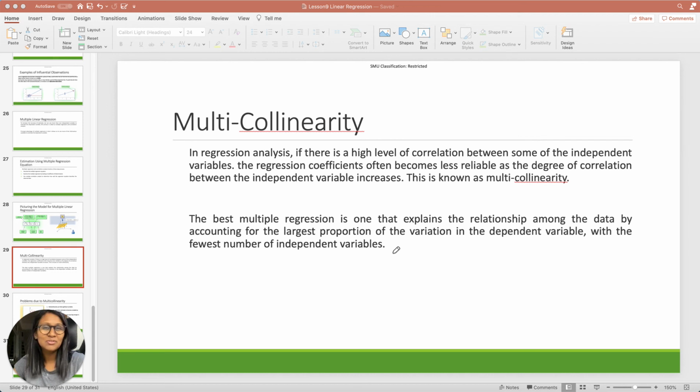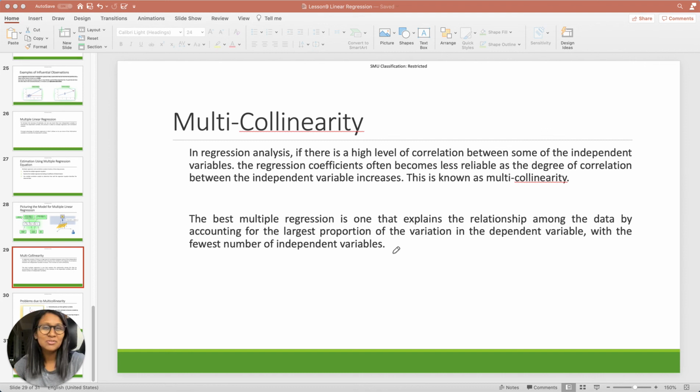R square is often not able to help us in making that choice, because whenever you add variables to a model, the R square keeps on increasing even though the added variable is not statistically significant in its relationship with y.